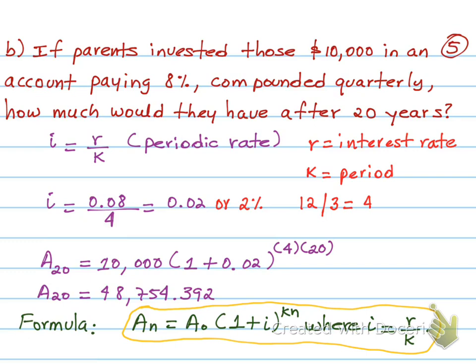So if you're using monthly, bi-monthly, daily, or any other different compounding, then you need to use this formula. Whenever you're using yearly or annual compounding, please use the previous formula.